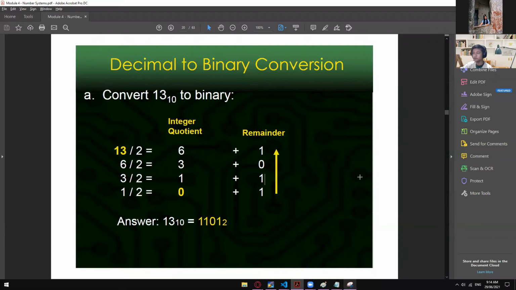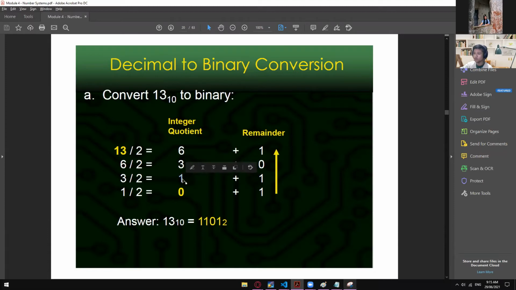Take note that you cannot put 1.5 here. The exact answer of 3 divided by 2 is 1.5, but since we are talking about integer quotient, whole number only, you have to get the whole number result only, which is 1, and put the remainder on this side.